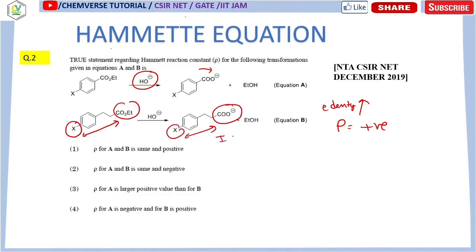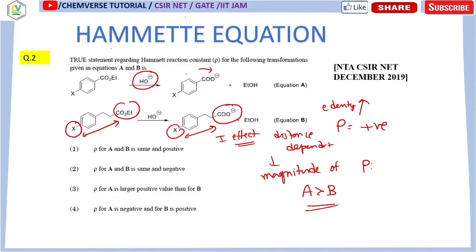Since the I effect is distance dependent, the same explanation applies. So the magnitude of rho will be higher in A than B, because here X is closer to CO2 minus. Clearly in both cases it will be positive, and rho for A is a larger positive value than B. So you can easily choose option number C, I mean 3.